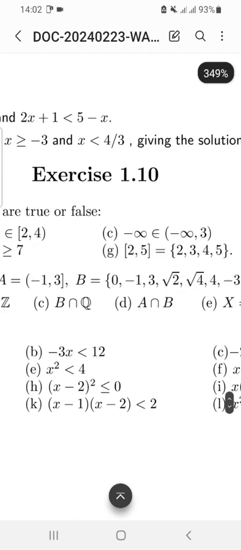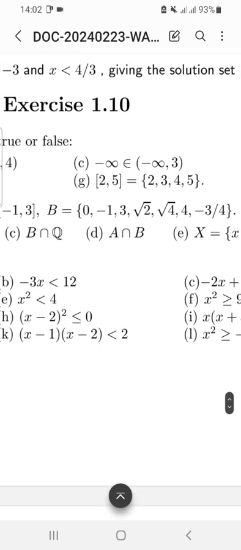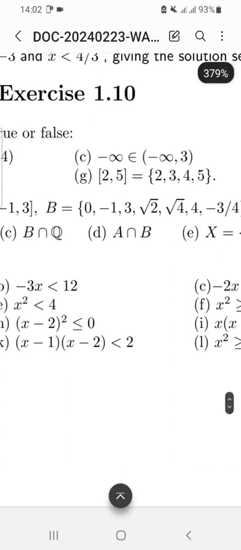Yeah, I think 0 is rational, because 0 under the square root sign is 0, okay? Also, it has no decimals, right? Now, minus 1, that's rational, okay? 3 is rational. Square root of 4 is rational, because that'll produce 2. 4 is rational. And minus 3/4, that's rational. Perfect.